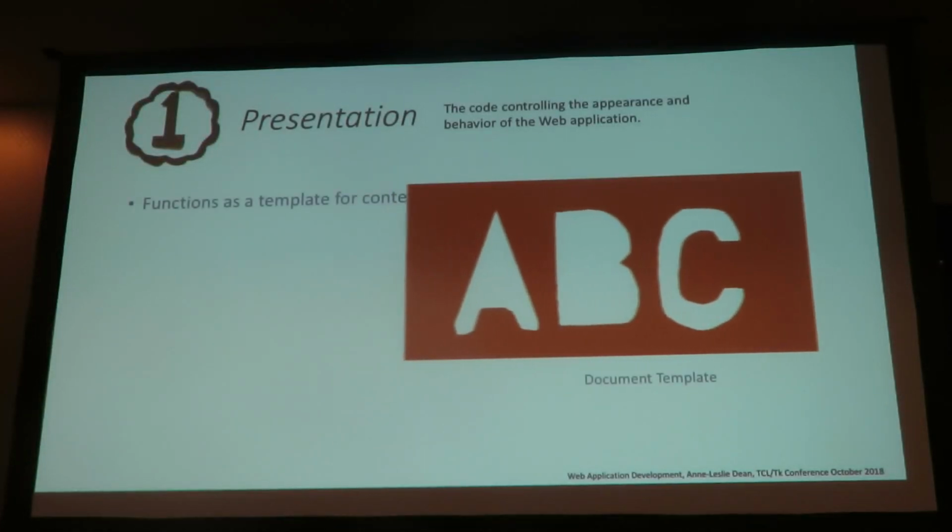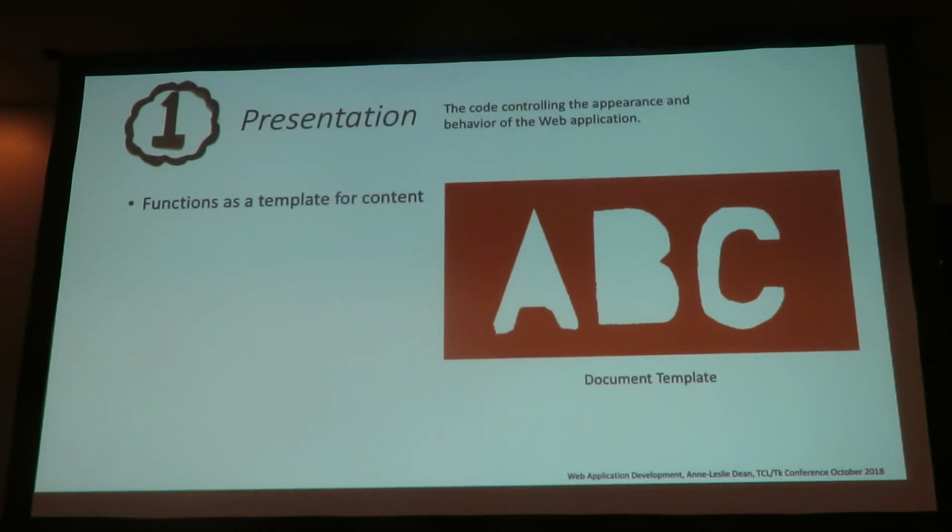Presentation. For the purposes of this discussion, I'm just going to call that the code controlling the appearance and behavior of the web application. So that code essentially functions as a template for content. It contains HTML and CSS markup.